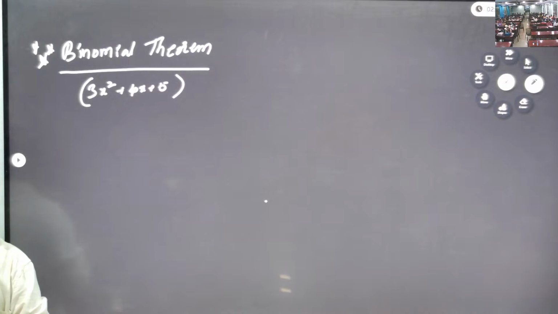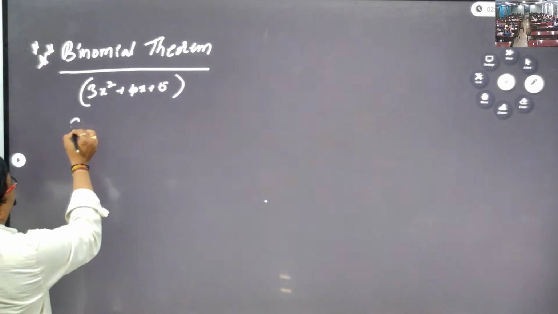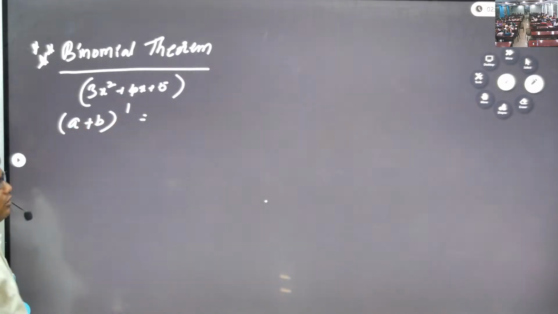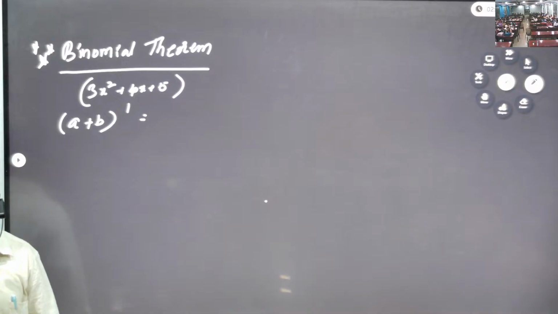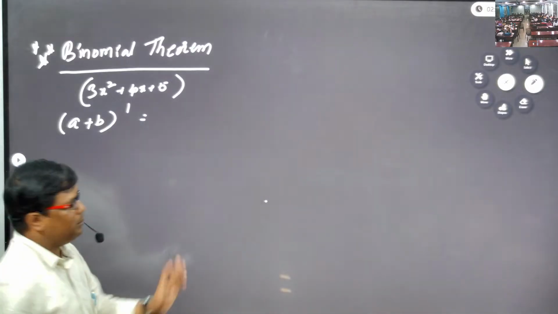Only 2 elements, or more than 2 elements? Only 2 elements. So, for example, if I write a plus b power 1, what is the output? A plus b power 1 is just a plus b, that's it.